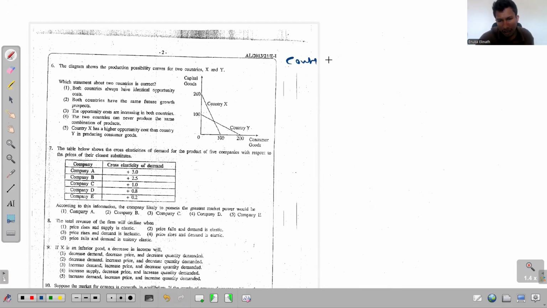So it's country X. We have two production combinations for this country X. One is here, the other one is here. So let me write production combination.